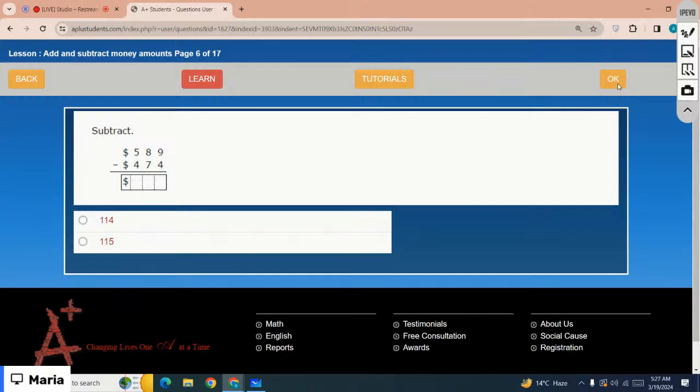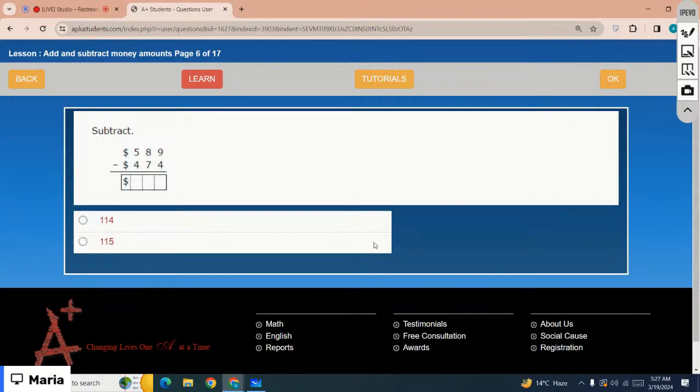589 minus $474, which is the correct option? That is $115.